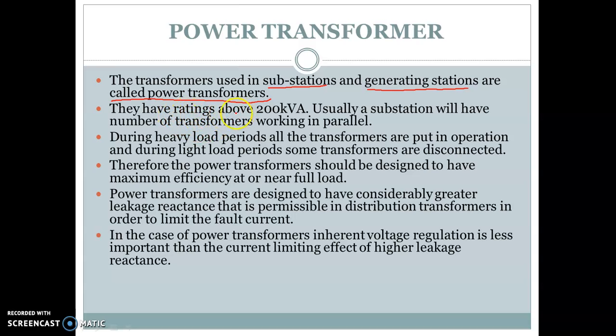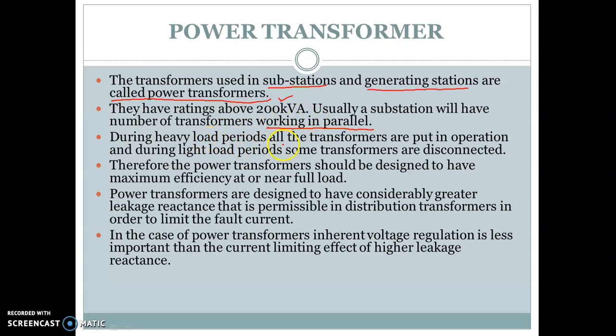They have ratings above 200 kilovolt ampere, while distribution transformer rating is up to 200 kilovolt ampere. Usually a substation will have a number of transformers working in parallel. So many transformers in substations operate in parallel.